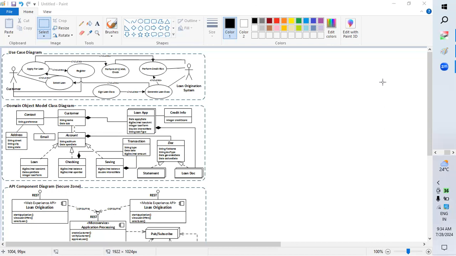You have enterprise architects as a separate role, who focus more on the enterprise architecture of the project by understanding the goal, vision, strategy, etc., by combining business architecture, systems, applications, data, all that.